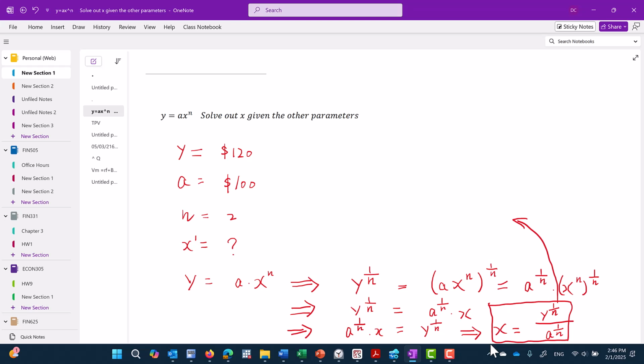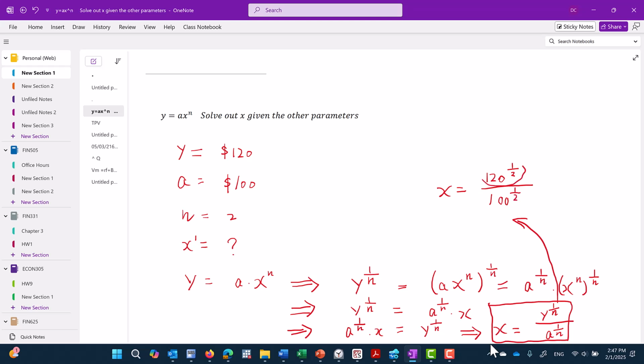So this will become x equals, y is 120, n is 2, so that's going to be 1/2. That's my numerator, and the denominator will be a raised to the power of 1/n. So that will be 100, and then raised to the power of 1/2.